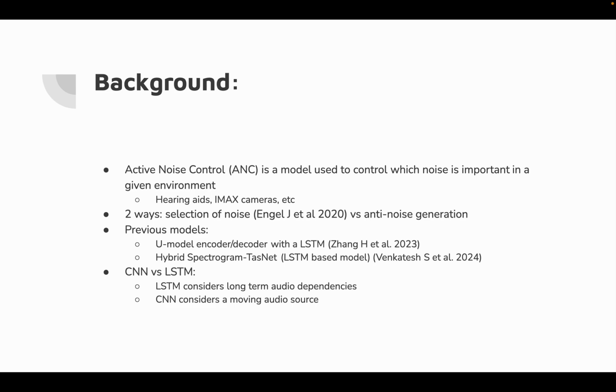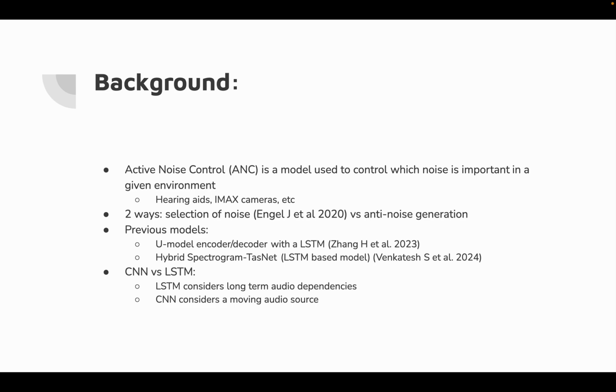The main reason why LSTMs are used is that they consider long-term audio dependencies. However, this is under the assumption that the source of the audio is in one place. If the audio source moves, these long-term dependencies become harder to calculate.